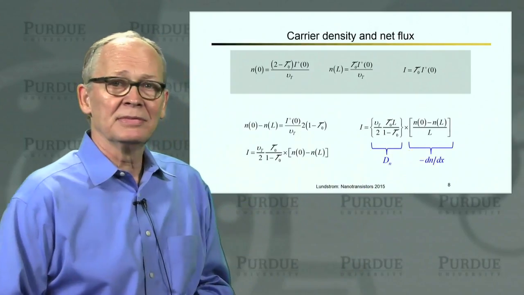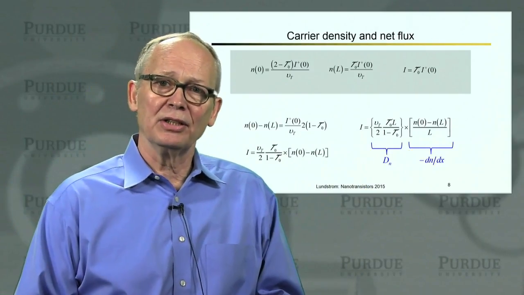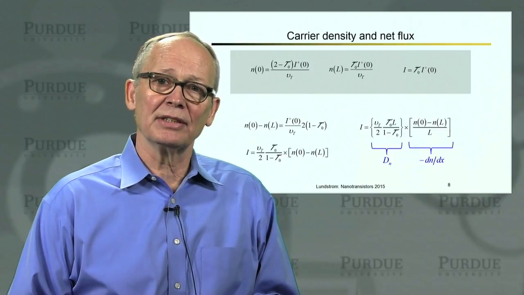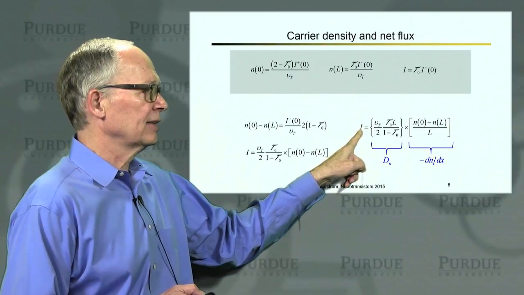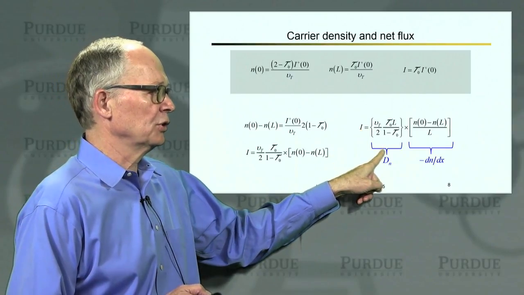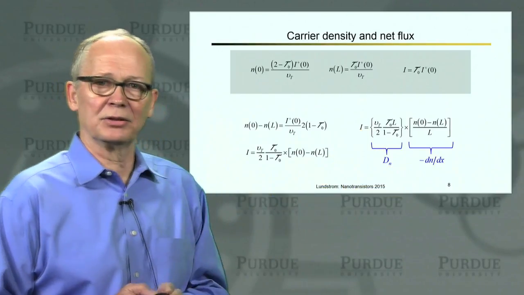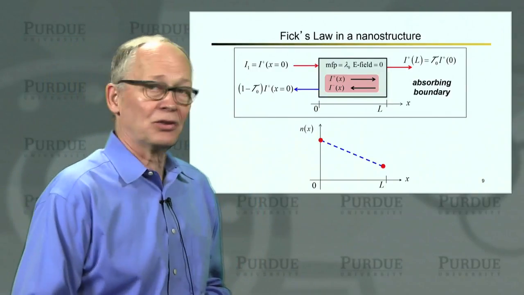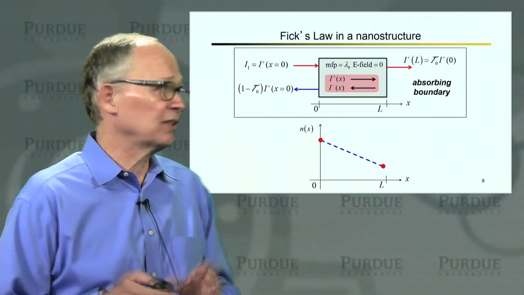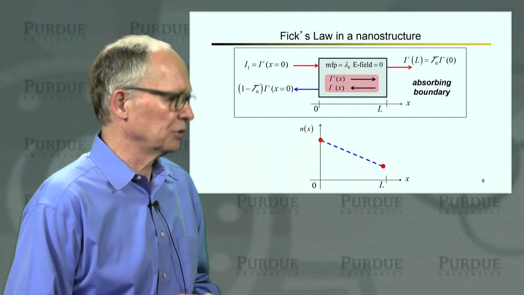The first set of quantities, if you look at the units, has the units of a diffusion coefficient. So I have net flux is diffusion coefficient times minus the gradient of the particle density. That's known as Fick's law. So we have seen that Fick's law applies in this nanostructure.